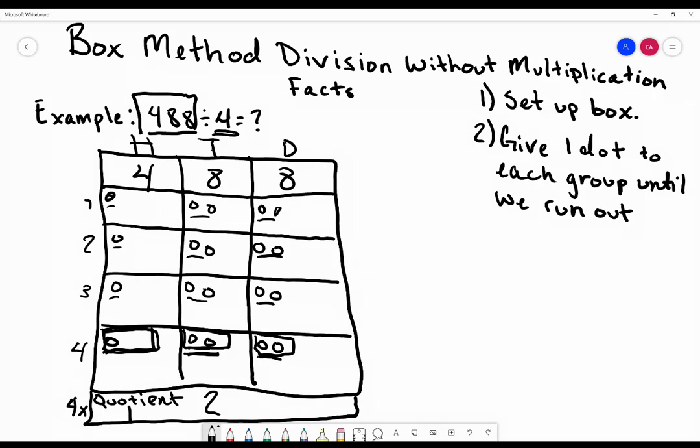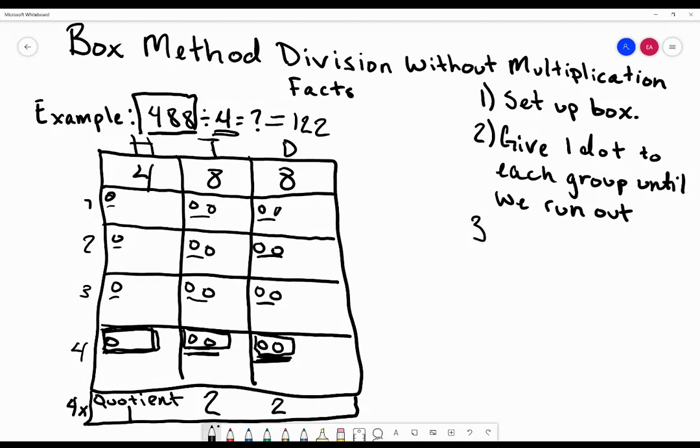And finally, for our ones place, we know that each of these groups received 2 dots. So right down here at the bottom, for our ones place, we are going to write the number 2, which means our answer to 488 divided by 4 is 122.